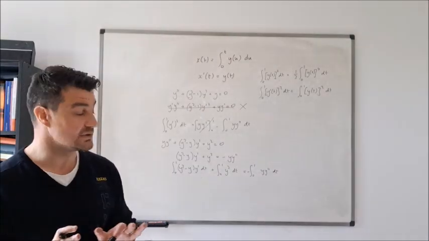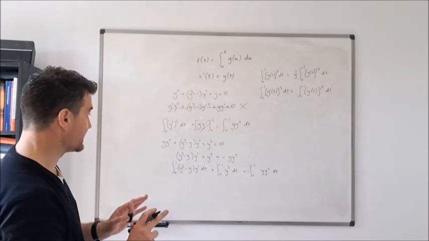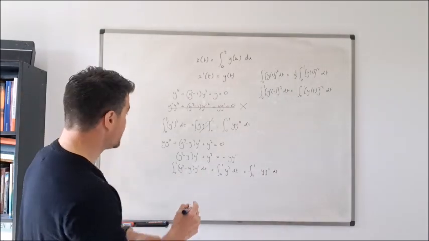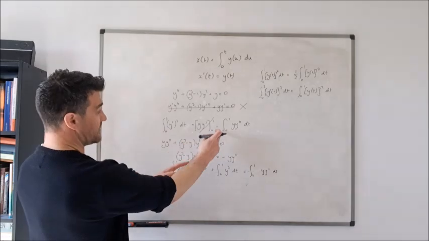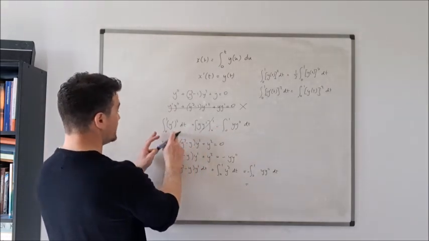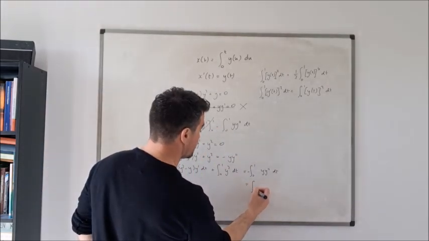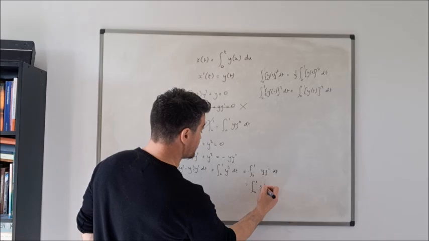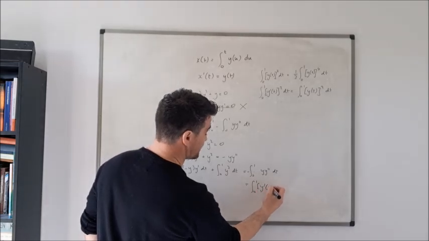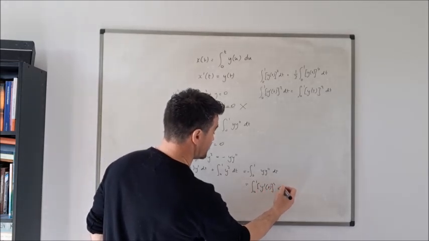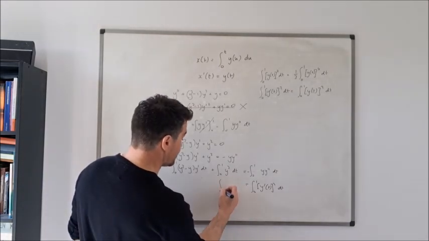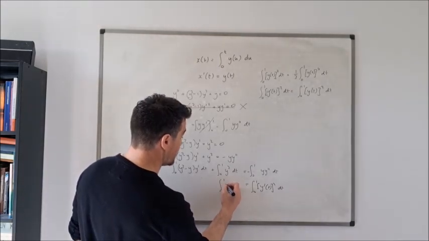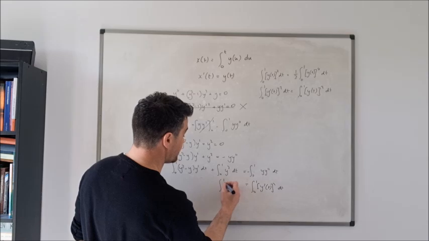Things are starting to look promising now, because this over here is just equal to, remember we've got the minus sign here, that's fine, the integral from 0 to 1 of y prime of t squared dt. We've got the integral from 0 to 1 of y of t squared.